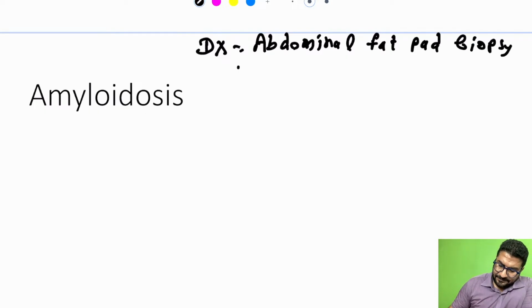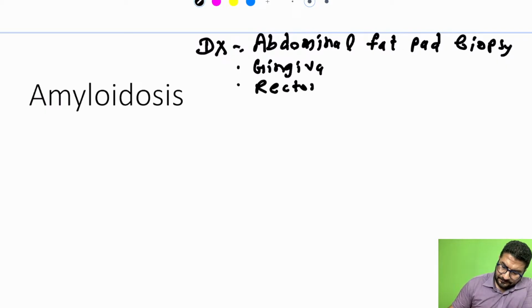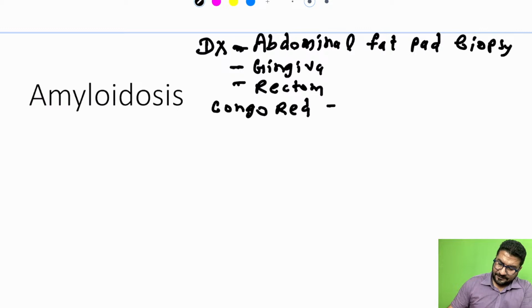Second best, you can take a sample either from the gingiva or from the rectum. Biopsy करने के बाद we see them under a stain. That stain is called Congo red. Congo red से आप stain करोगे and it will show apple green color under polarized microscopy.